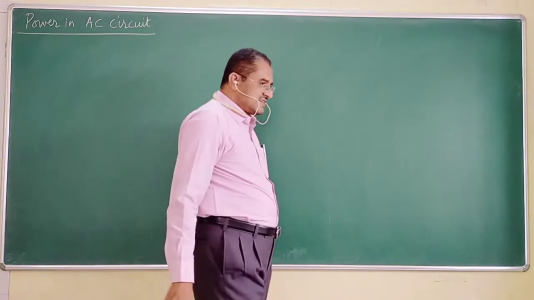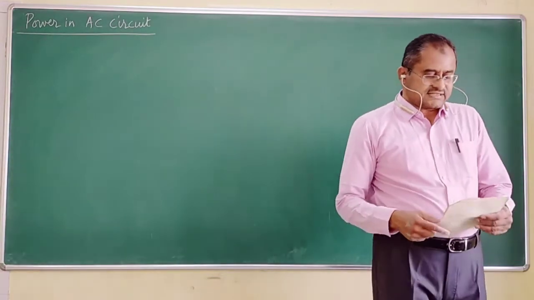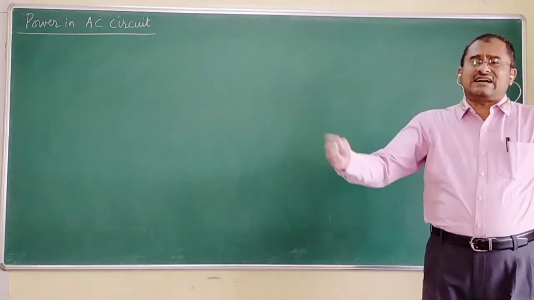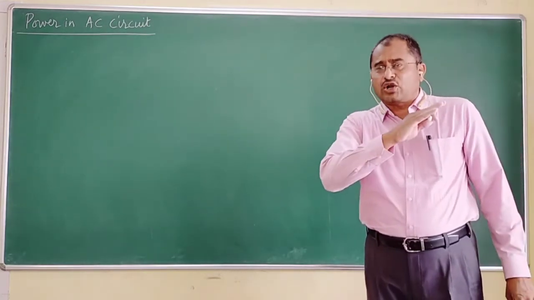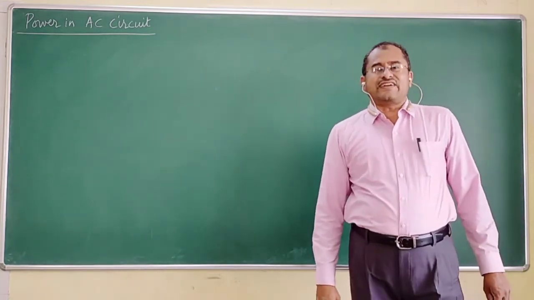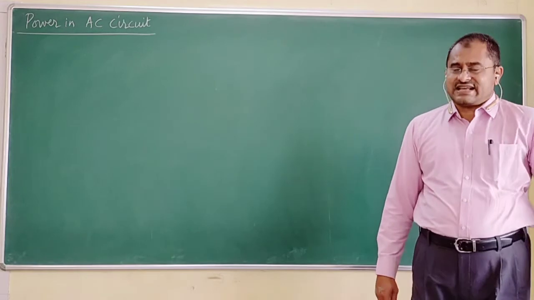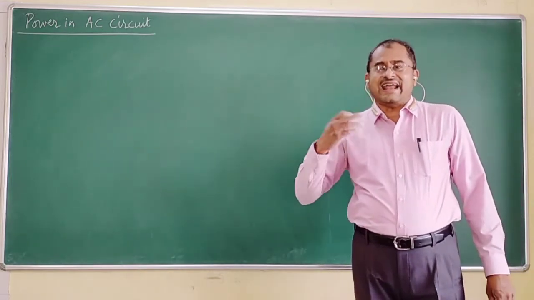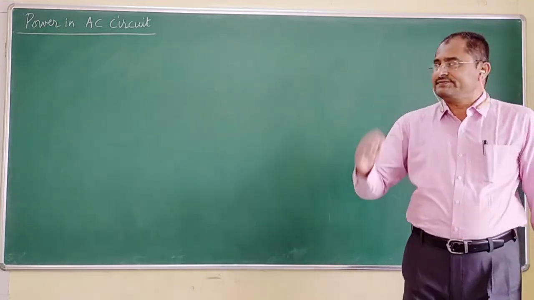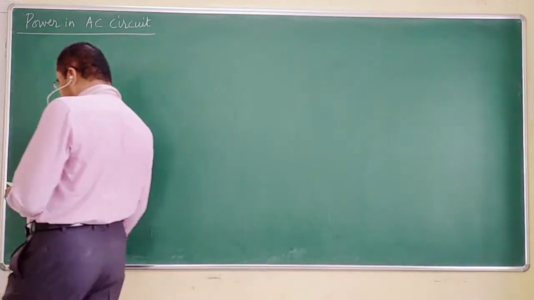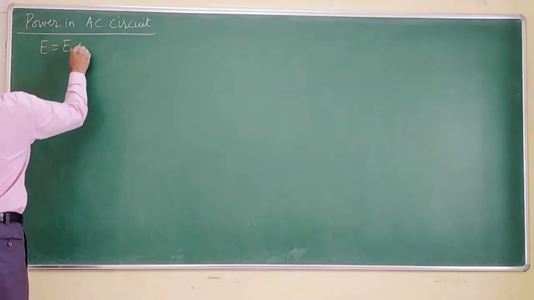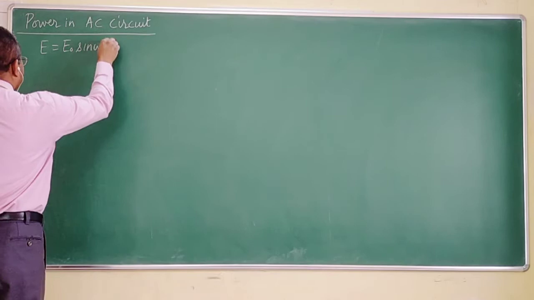In a series LCR circuit, we know from the previous class that the current and EMF are not in phase with each other. Depending upon the value of XL and XC, the current may lead or lag the applied EMF. Let us say the applied EMF to be E naught sine omega t.